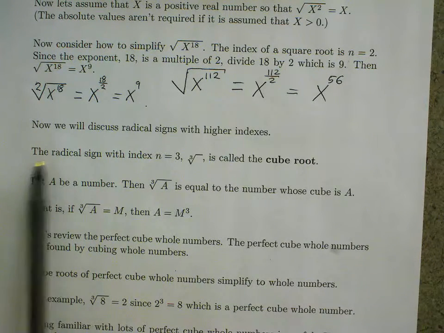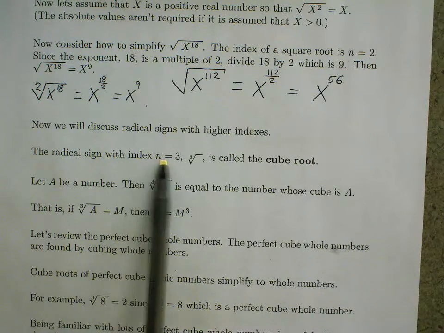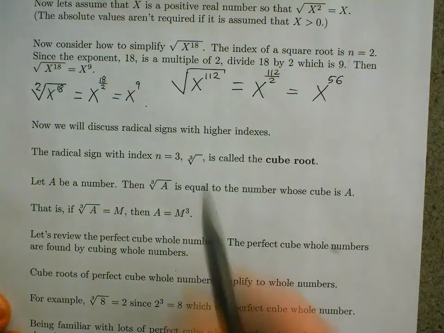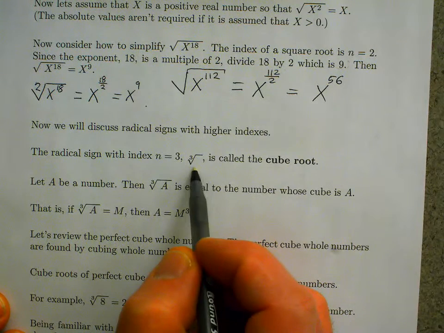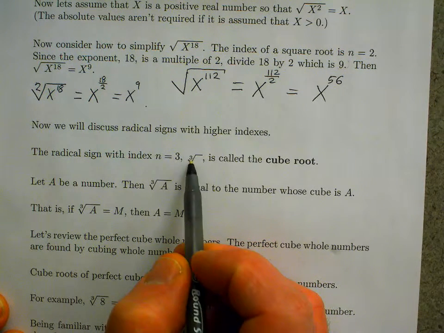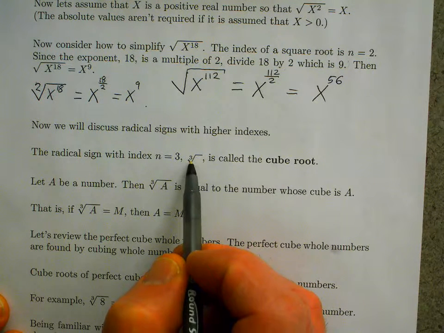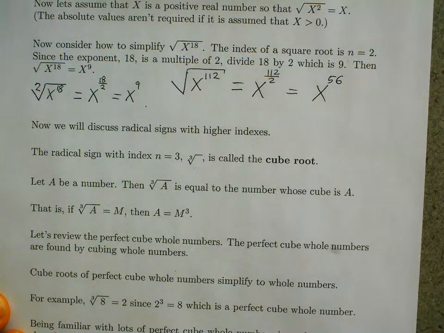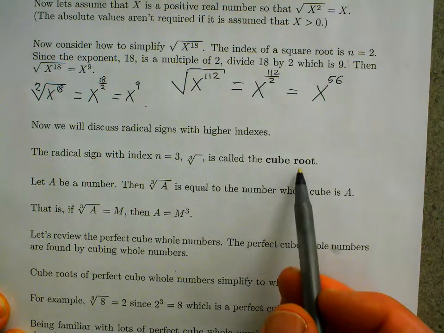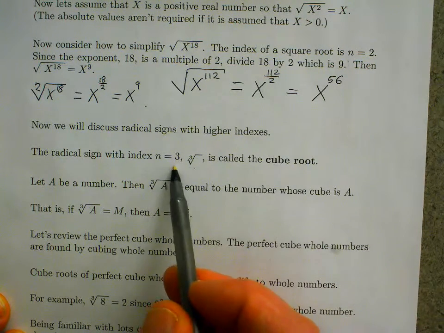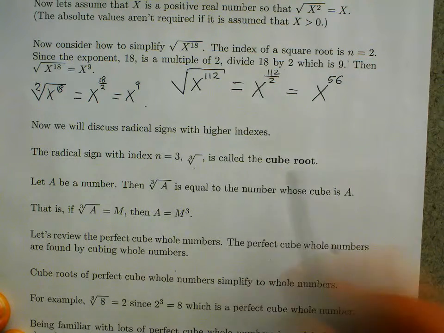Okay, so the next one, the radical sign with index n equals 3 looks like this. We have the radical symbol, and the positive integer 3 is in that little space there. I don't know what we call that. But anyway, if the index is 3, we call that a cube root.